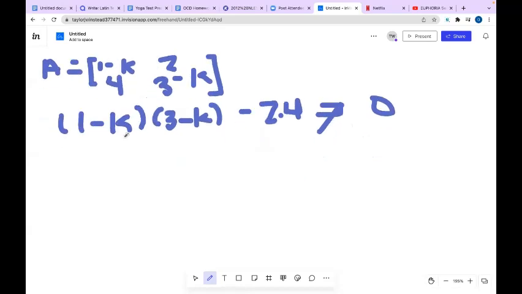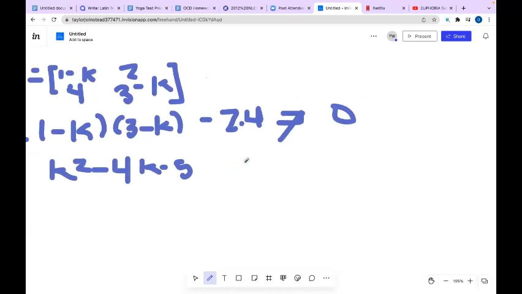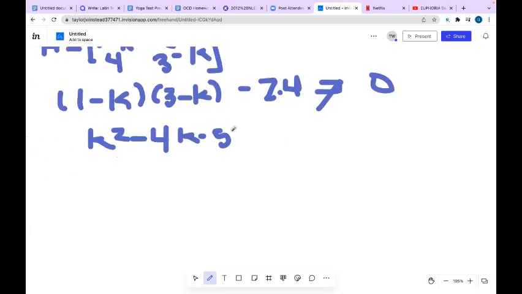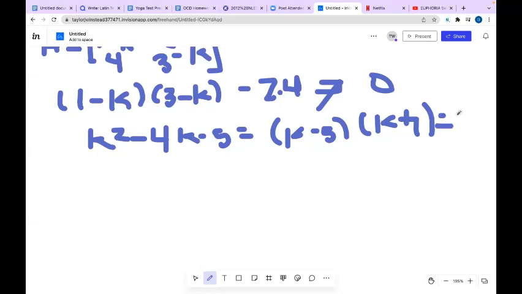So we multiply this out. So we get k squared minus 4k minus 5. If we factor this, we get k minus 5 times k plus 1 equals 0.